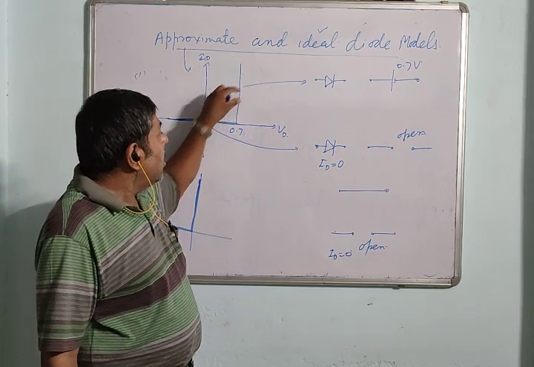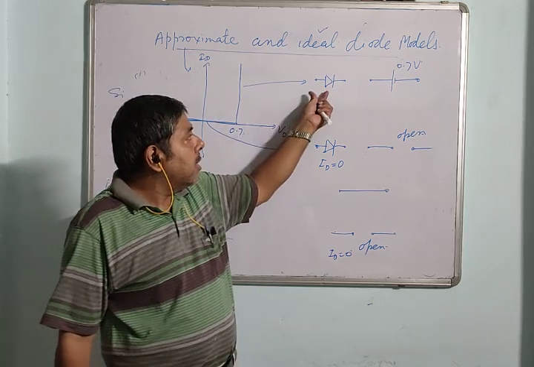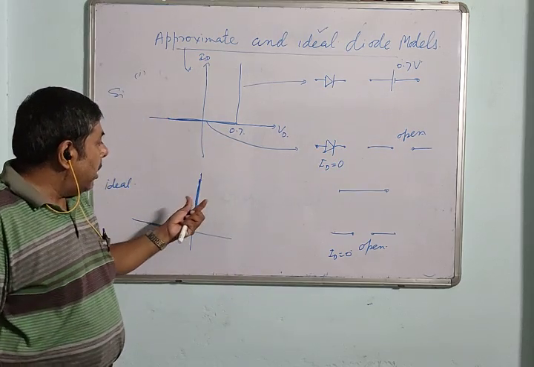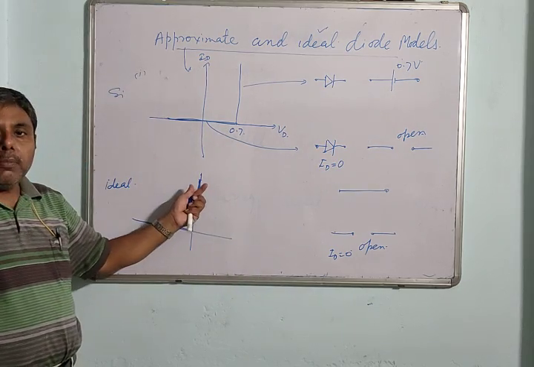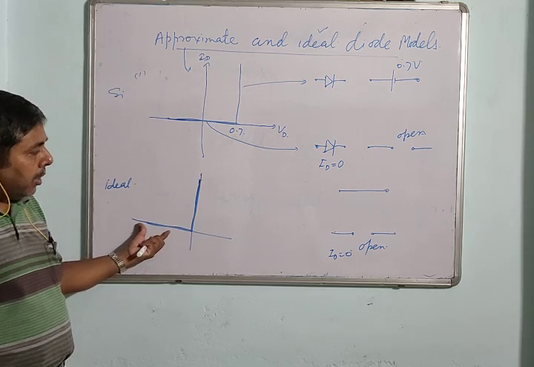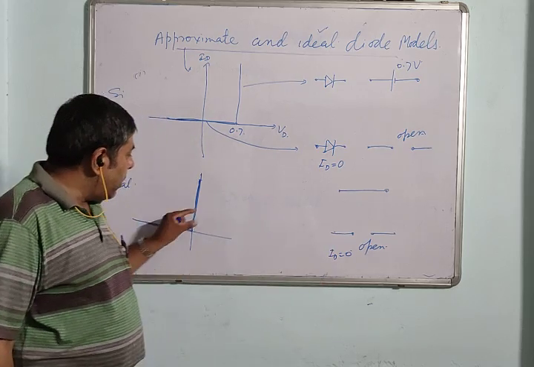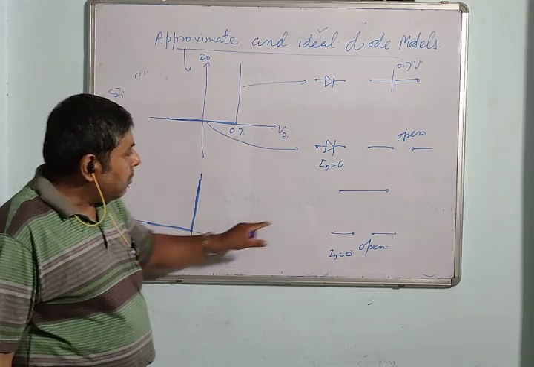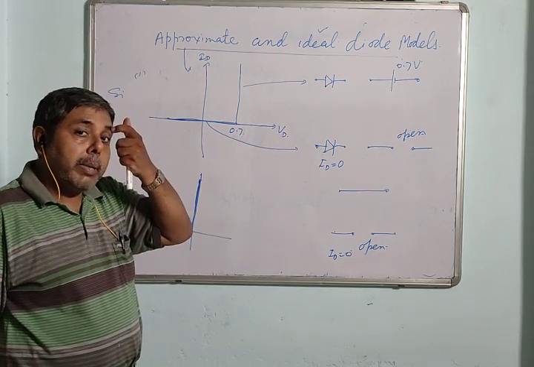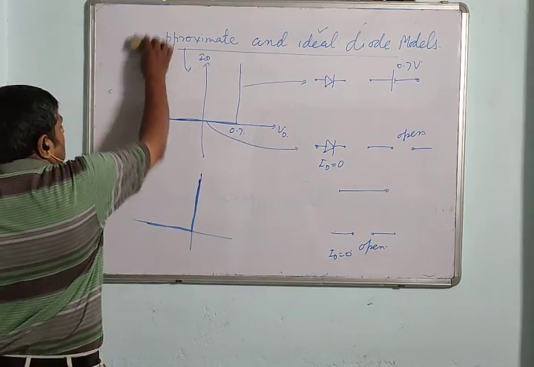And for this reason, you have a fixed voltage drop of 0.7 volts, so you can replace this diode by a fixed battery of 0.7 volts. Similarly, if we are using ideal diode model, then for the negative part we have open circuit, that is current is 0, and for the forward part we have 0 drop. When drop is 0, you are getting current. So in forward bias, this drop is 0. So these are two models which are majorly used.